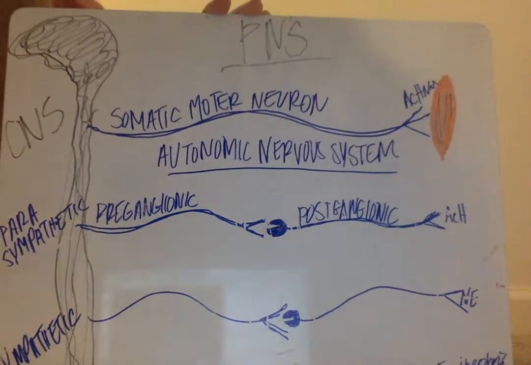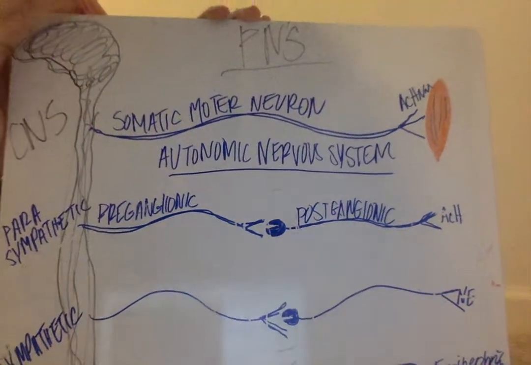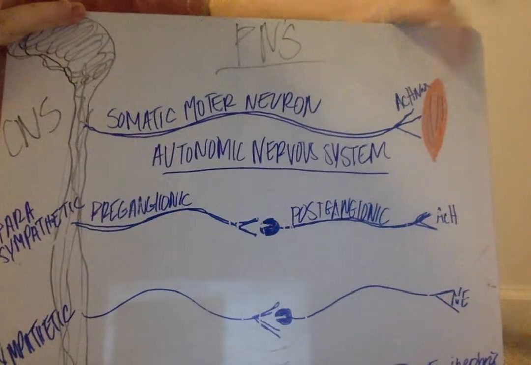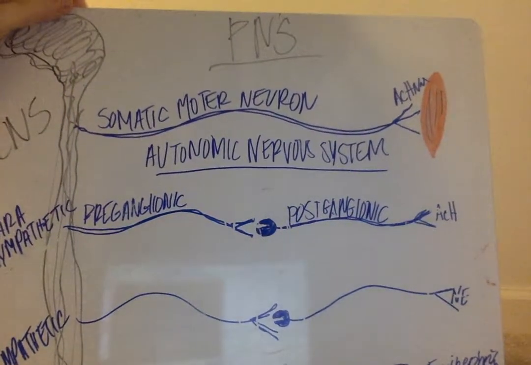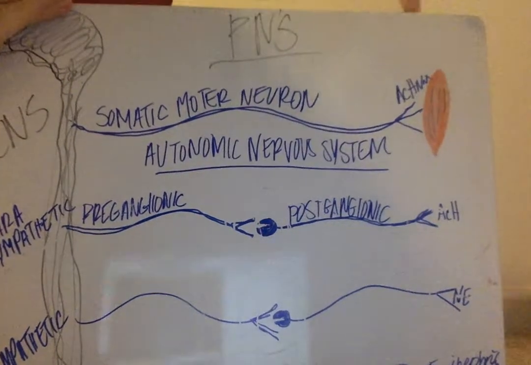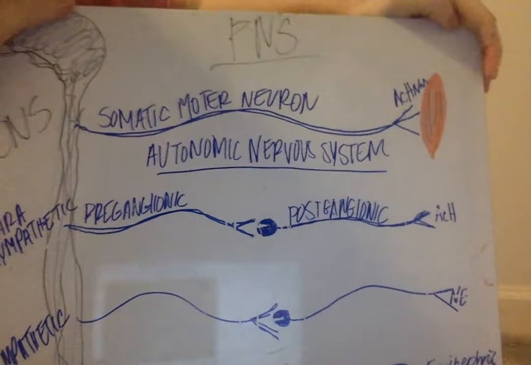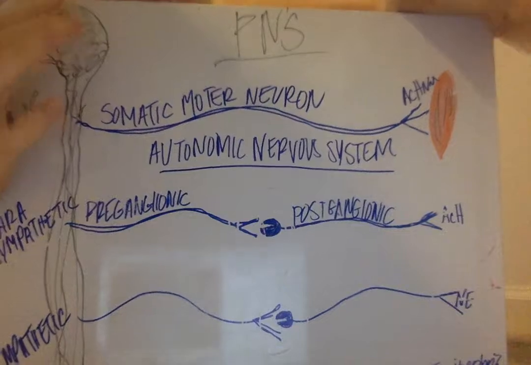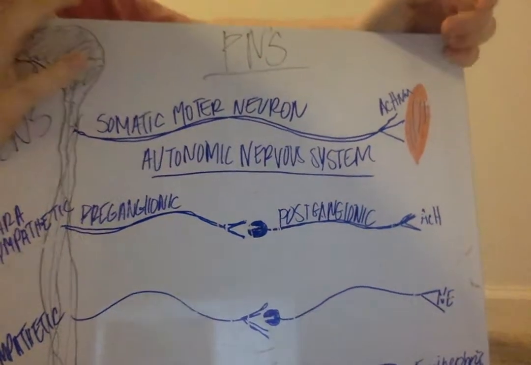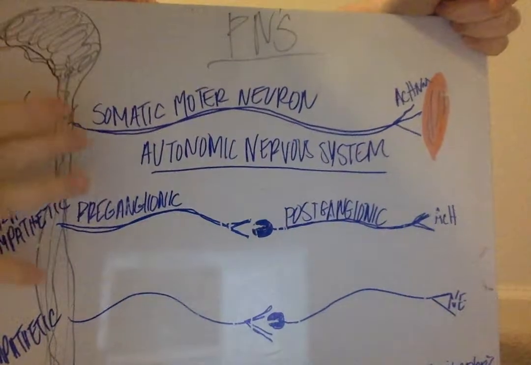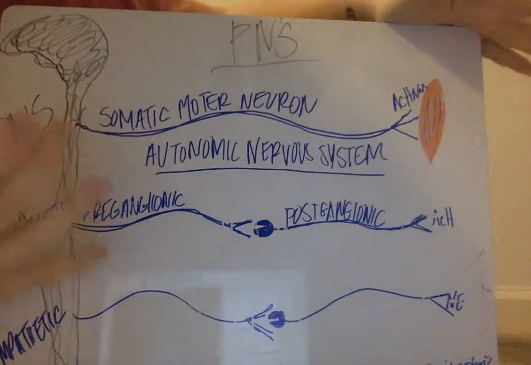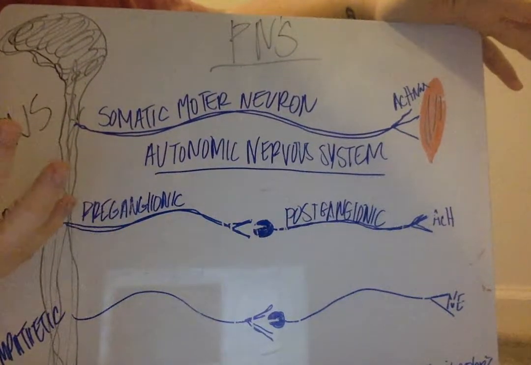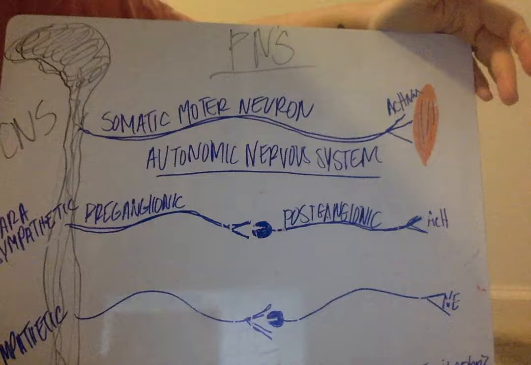And what did we say our receptors were? We know what the neurotransmitter is between the somatic neuron and the muscle cell. That's acetylcholine, all day, every day. And we also know that's a cholinergic receptor here, located on that striated voluntary skeletal muscle. We also know, because we said it earlier, that these are all going to be cholinergic nicotinic M receptors.